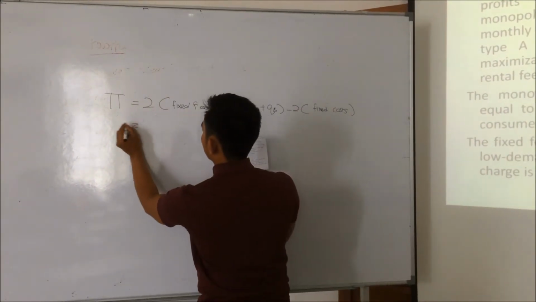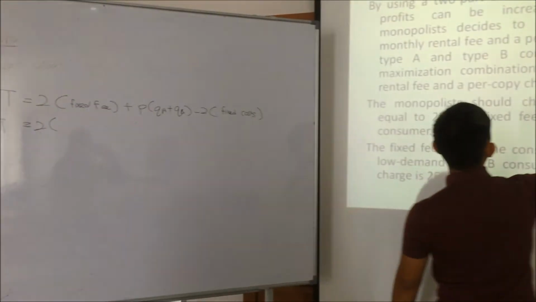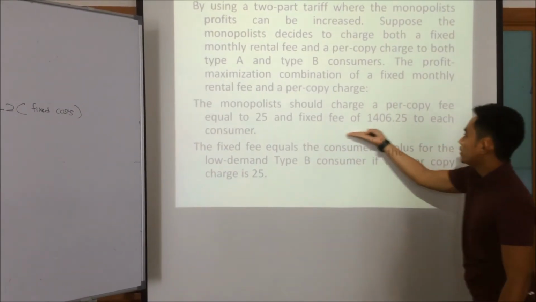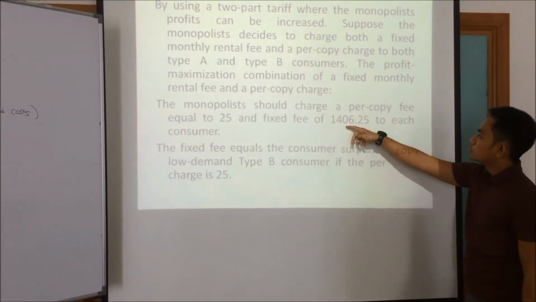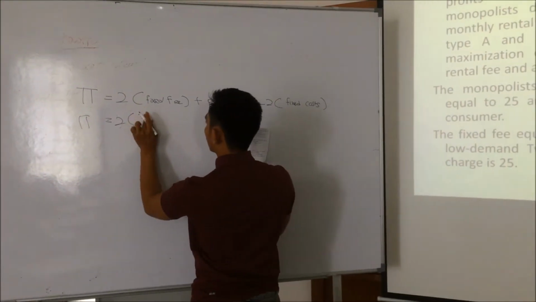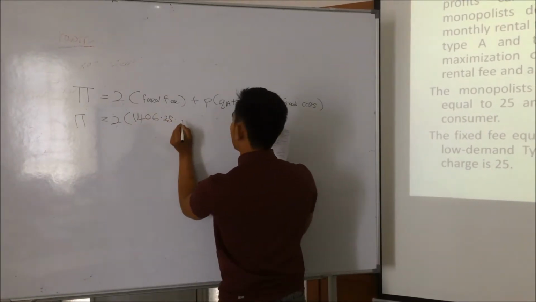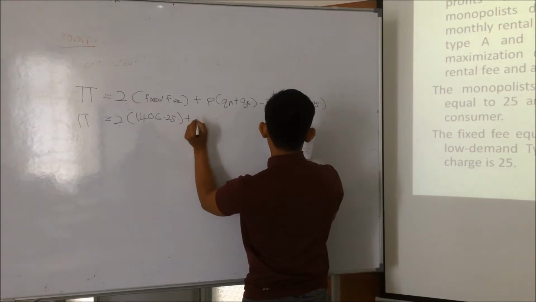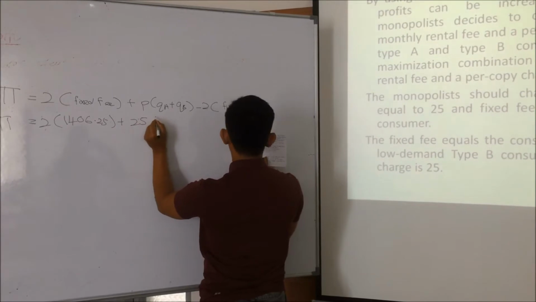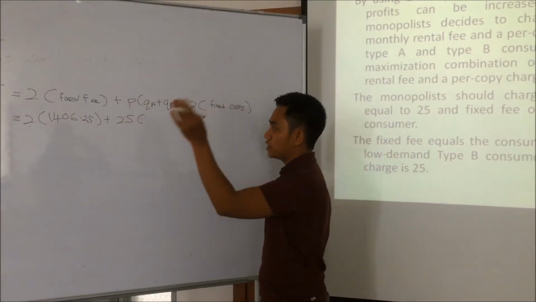Profit, 2 fixed fee, and in the question above the fixed fee is 1406.25. We just put it: 1406.25 plus P is 25. QA and QB is the welfare of the question.